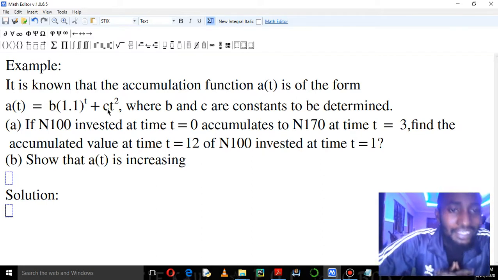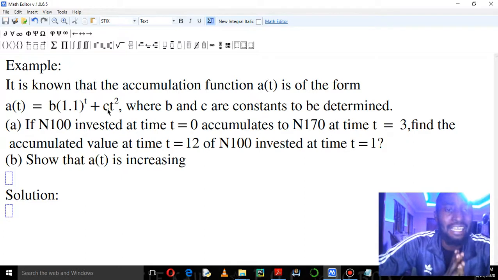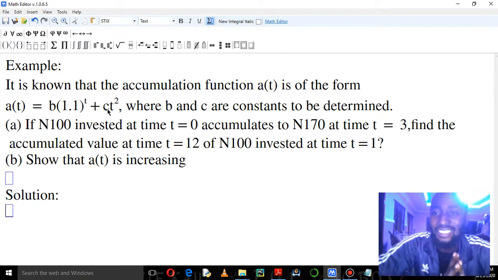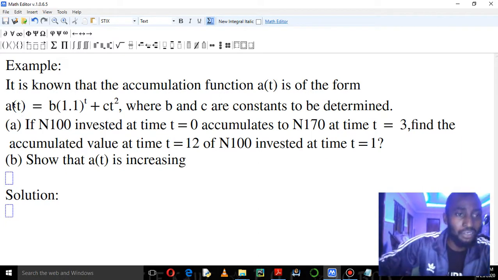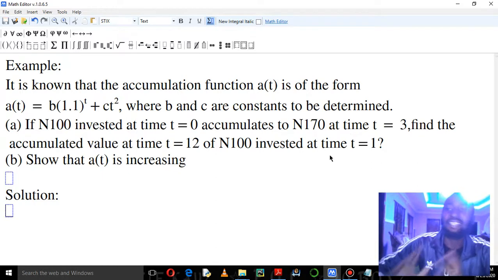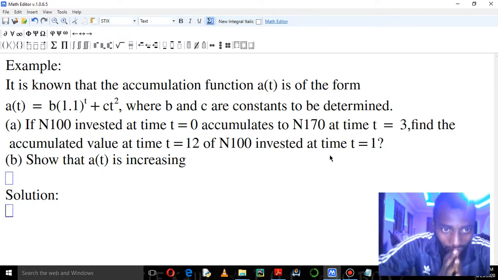If 100 naira invested at time t equals 0 accumulates to 170 naira at time t equals 3, then find the accumulated value at time t equals 12 of 100 naira invested at time t equals 1.